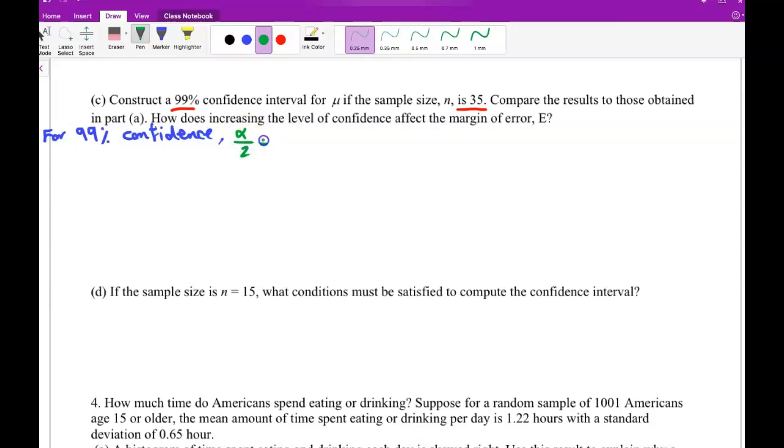Alpha divided by 2 is equal to, so alpha is 1 minus 99%, which is equal to 1%.